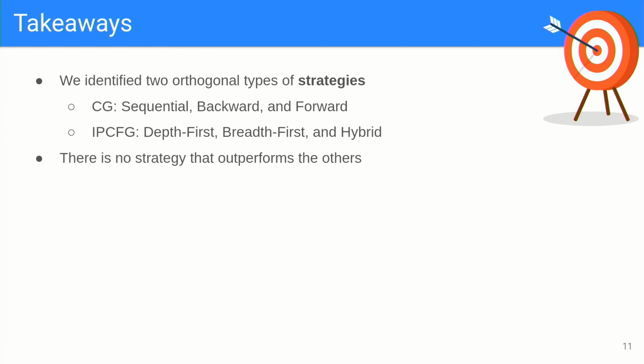And unfortunately, we found no strategy that outperforms the others. But I mean, this is not so bad. We just have to teach them all to the students. For example, the depth-first, which no students ever used, so that the human being can use the strategy that best fits his way of thinking.